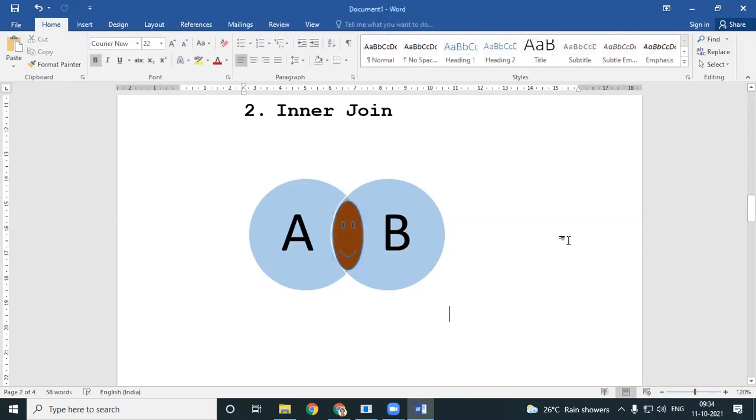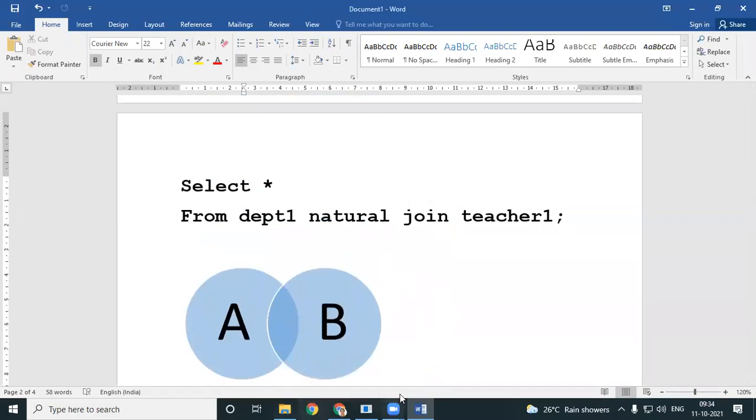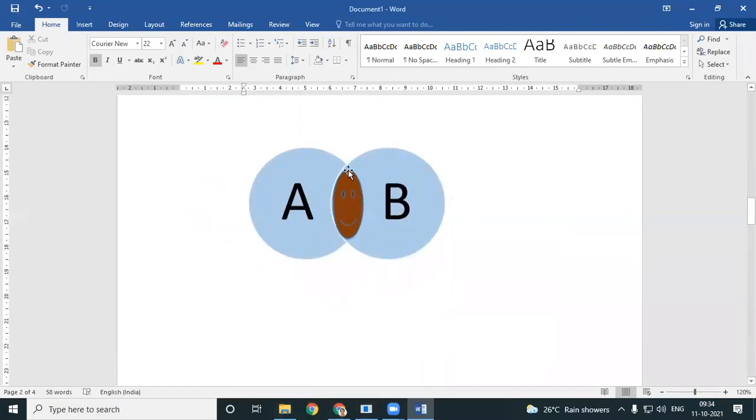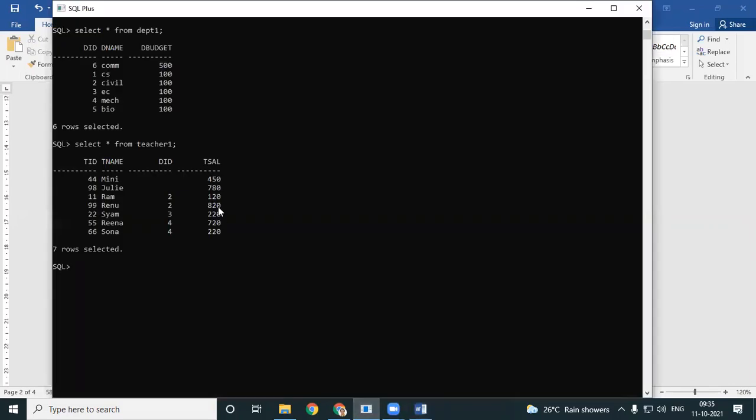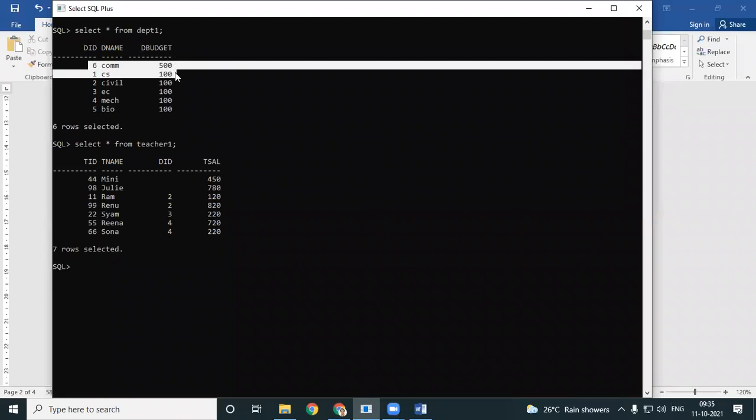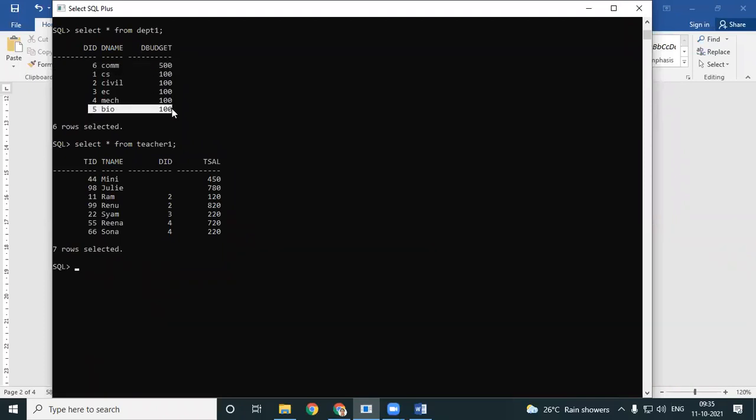If you remember, your natural join was all this together. Your inner join is just this portion. Now, if you look over here, it avoids the only A portion and only B portion. So let's look into our table. We do have a department table in which, we already saw that commerce, CS, and bio, they are not related to anything.